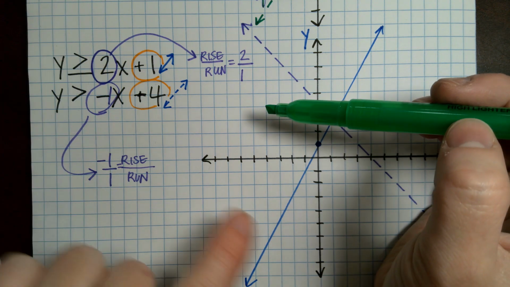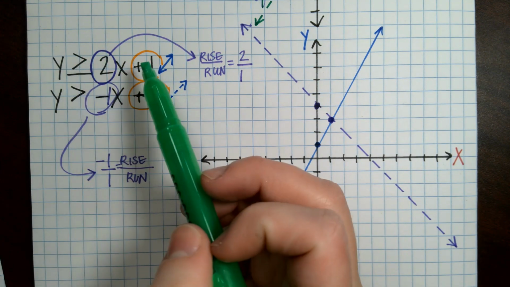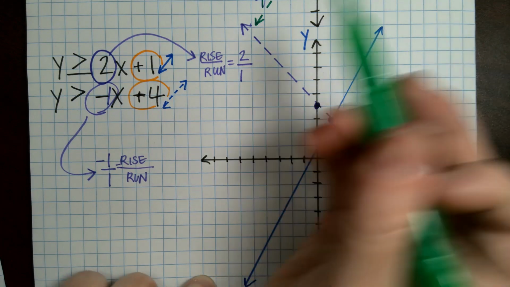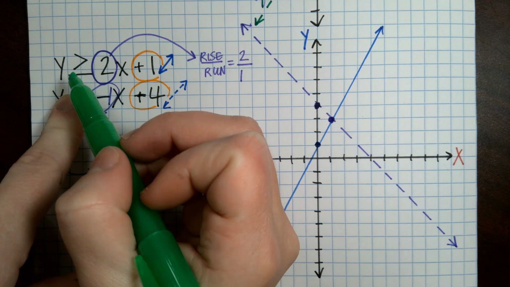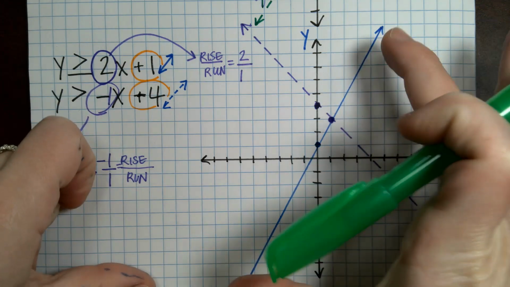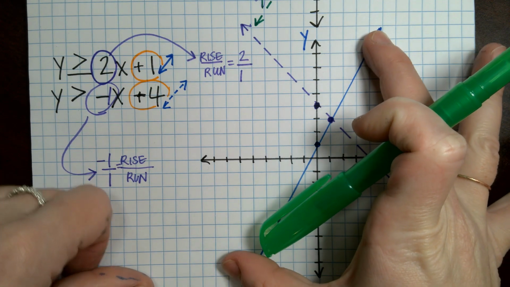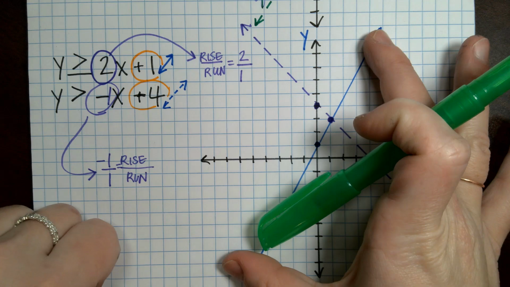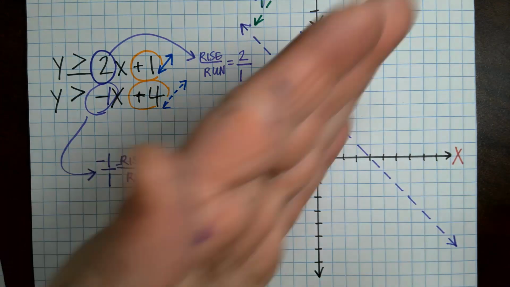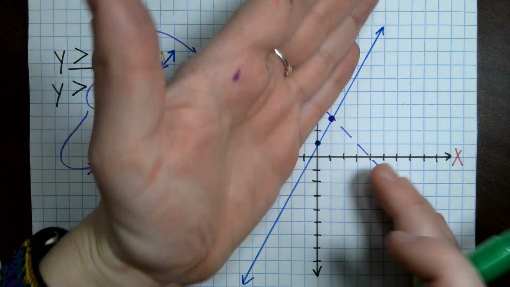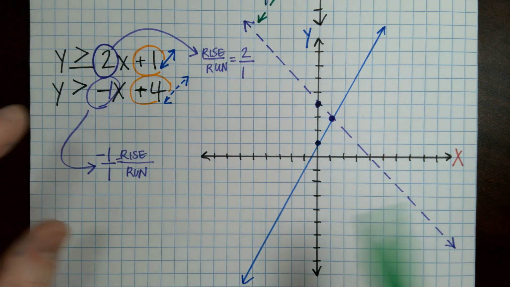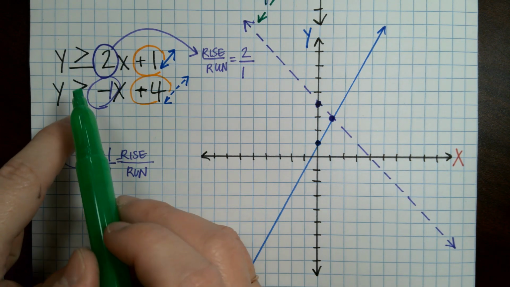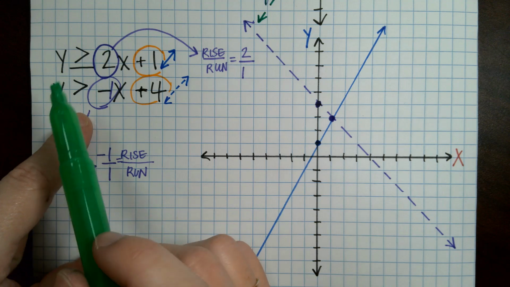Okay, so let's check. My first equation, I did that one in blue. I've got y is greater than or equal to. So on this line, I'm shading up or down? Up. So that means anything from this line and up is shaded. And on my second line, it's also greater than.